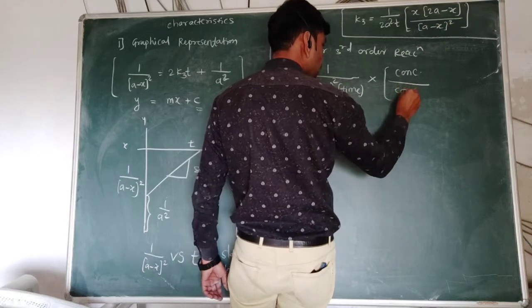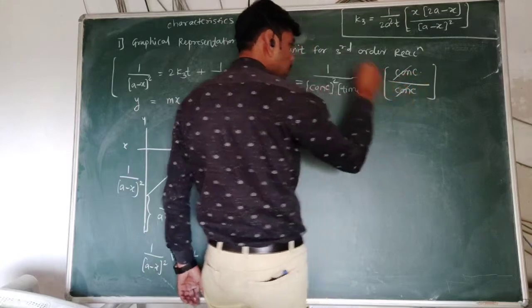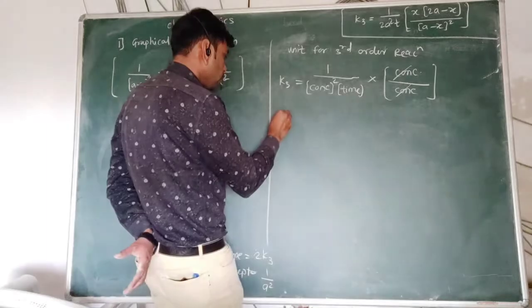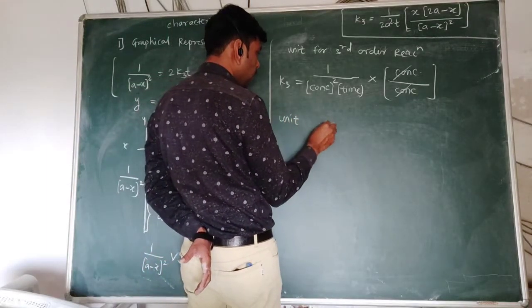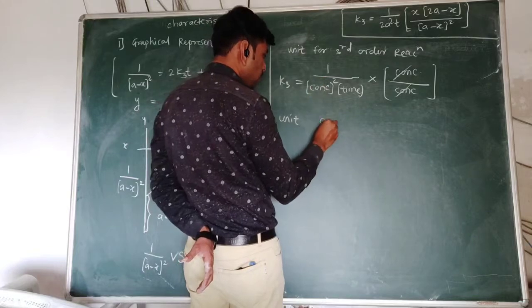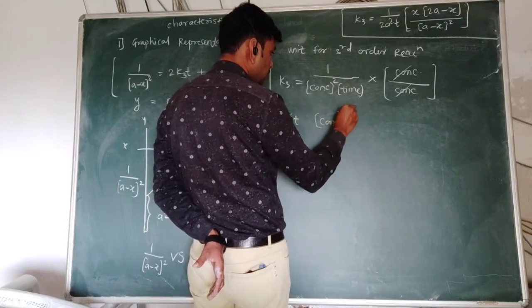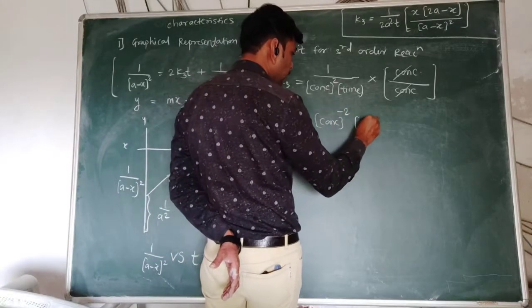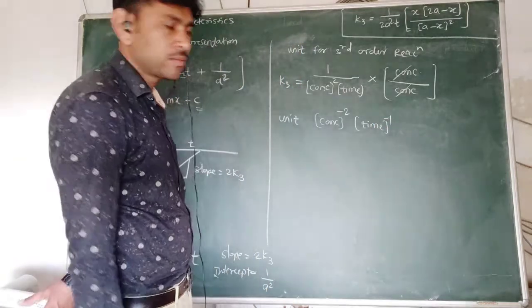So the concentration terms get cancelled, and the unit for third order reaction is concentration raised to minus 2 into time raised to minus 1, time inverse.